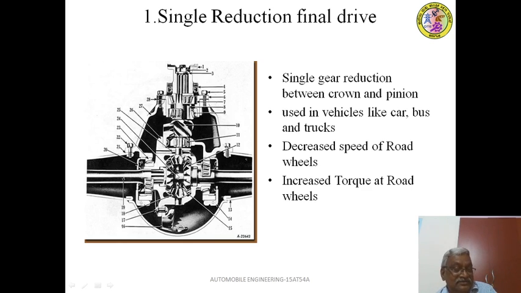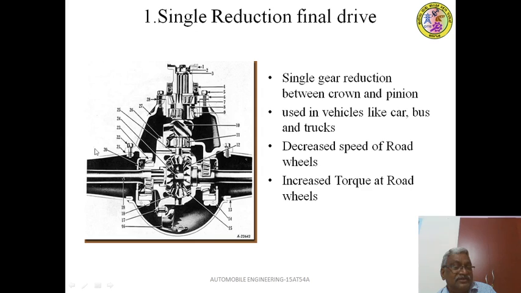Then the left side wheel gets two movements by this planetary action. One movement is due to the rotation around the axle and another movement due to spinning of these pinions around their pins. Due to this, the outer wheel gets more torque and the inner wheel gets less torque.